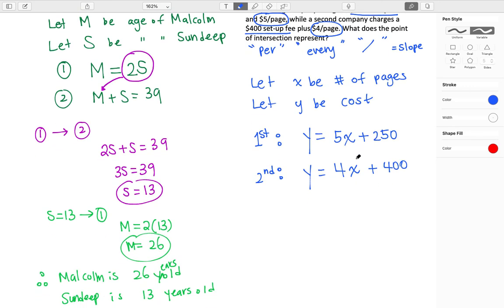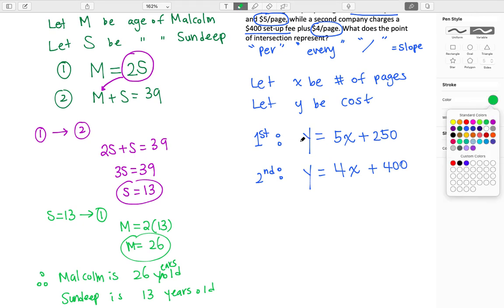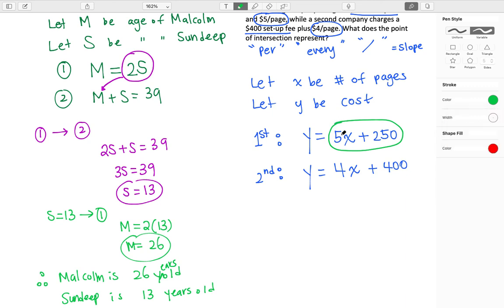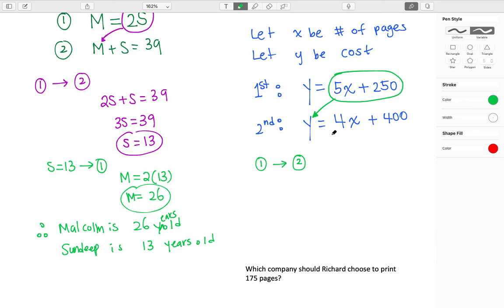Therefore, let's do a substitution. Luckily, equations 1 and 2 are already isolated. So what I can do, y is equal to this, the green one. All I need to do is just plug it in, because y is 5x plus 250. So let's plug equation 1 into 2.